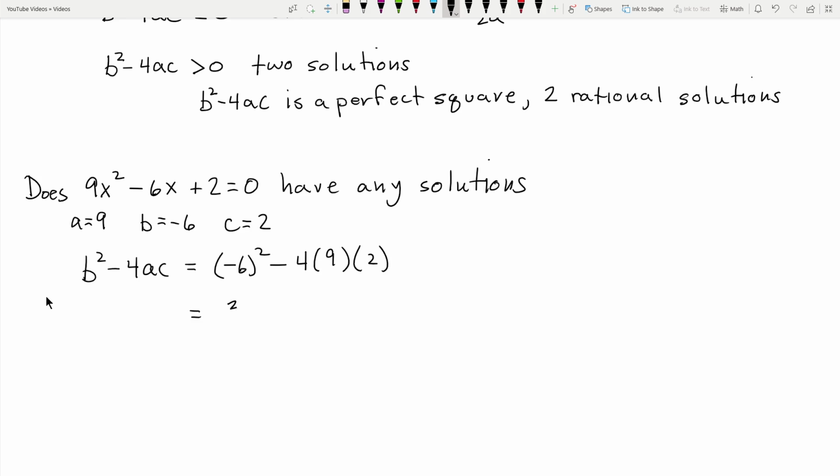So this is going to be 36 minus 9 times 2 is 18 times 4, 72. So this is minus 36. That's less than 0, so I have no solution.